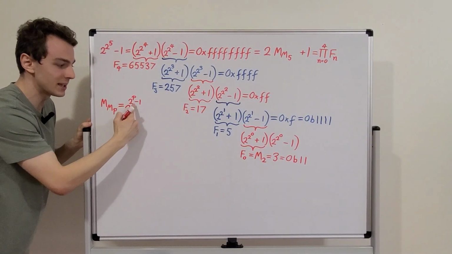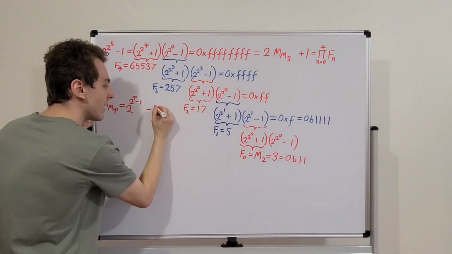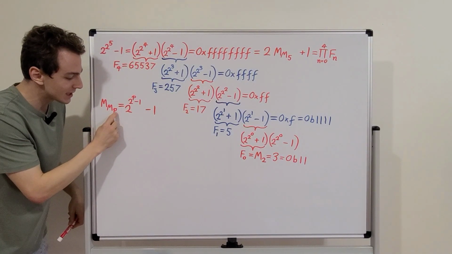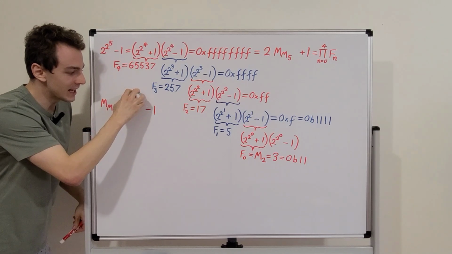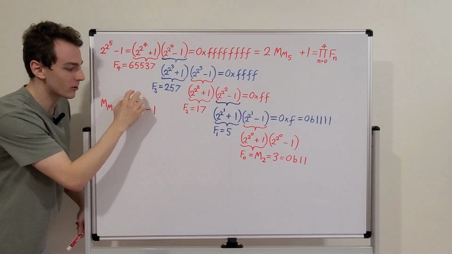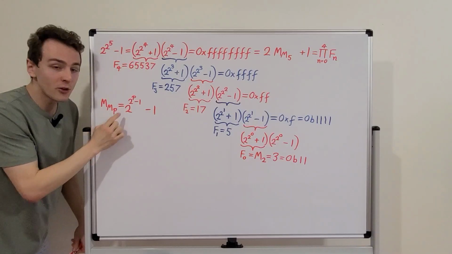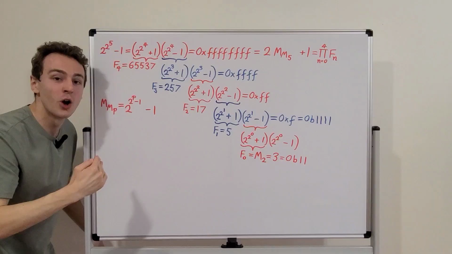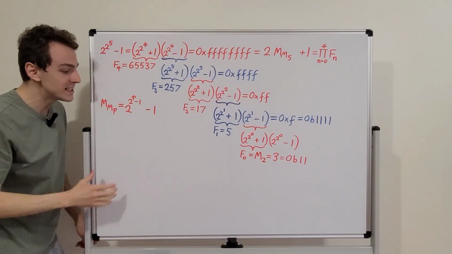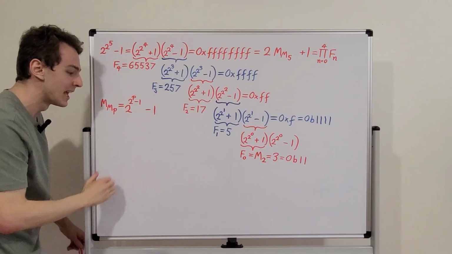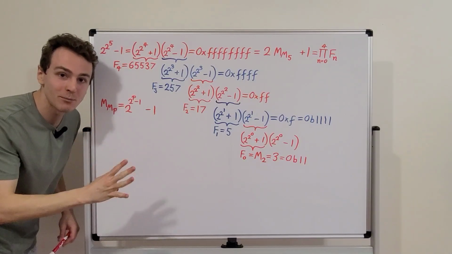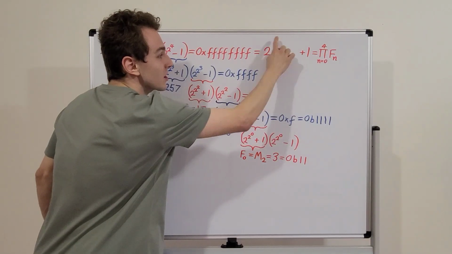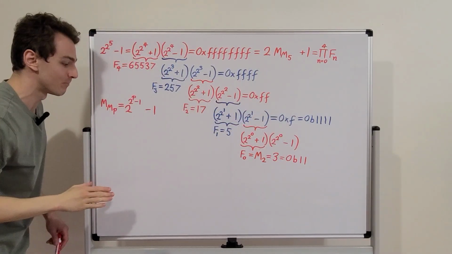So this minus 1 is up here in the exponent, and then we have another minus 1 outside the exponent. So you can see that this subscript, m sub p, indicates the exponent over here. It's 1 less than 2 to the power of p. So we're using another Mersenne prime to define this Mersenne prime. So it's a Mersenne prime within a Mersenne prime. And we call this a double Mersenne prime. And we're going to see 4 examples of double Mersenne primes. And one of those examples is related to the Y2K38 problem.